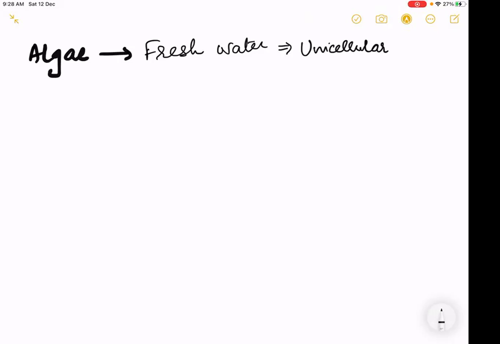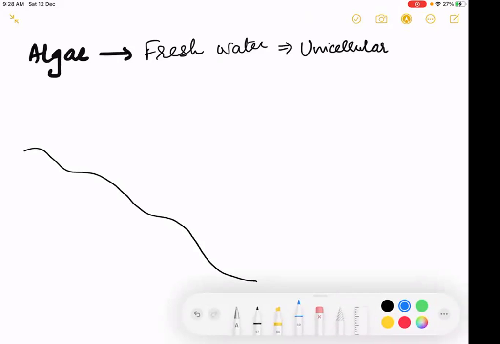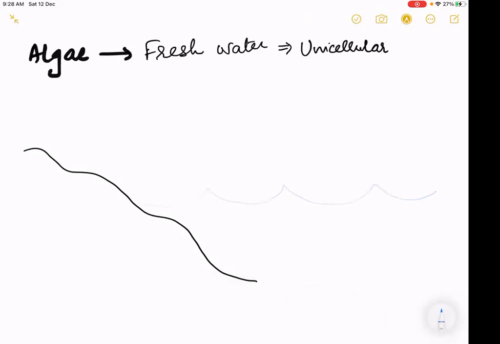Look, for example, on the earth, this is land, and this is, for example, ocean. Ready?